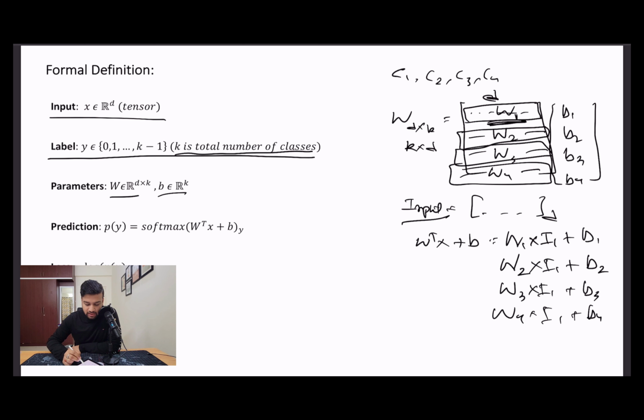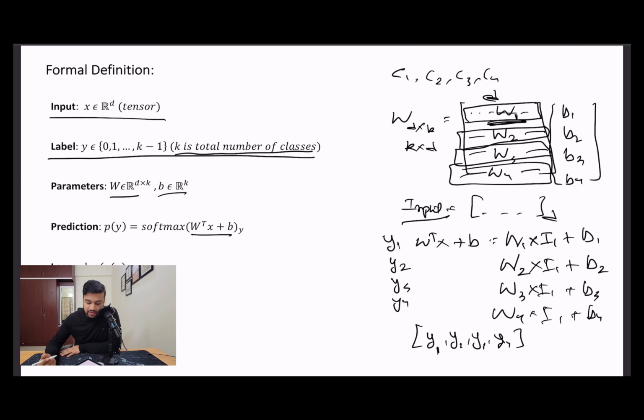Basically what this equation says is that you multiply the input vector with the entire matrix, so the input vector will be multiplied with all the weight vectors and will be adjusted for all the biases. If you simplify this, you'll have predictions. Let us call them Y1 prediction, Y2 prediction, Y4 prediction. So you'll have an array of predictions equal to the number of classes.